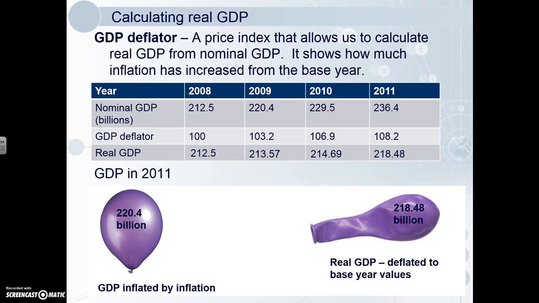After using the GDP deflator, we find that real GDP is equal to $218.48 billion. The inflated GDP figure has now been deflated, just like a balloon, to a number that can be useful for year-to-year comparisons. And that is the HL content for 2.1. We'll go through some practice exercises in class, as well as do a bit of a revision.